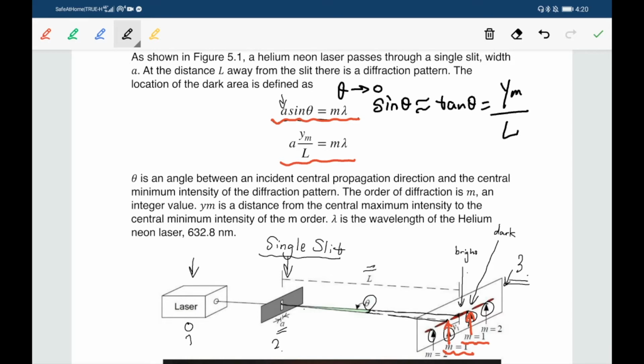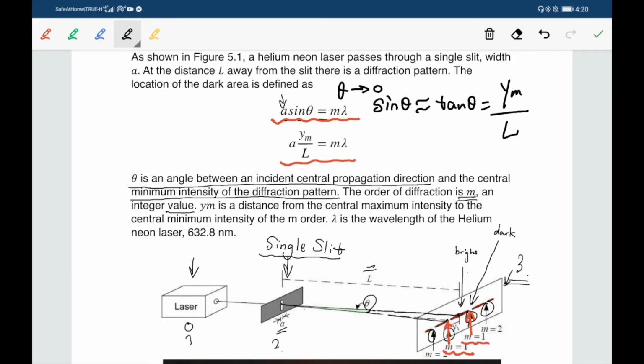Here theta is the angle between the incident central propagation direction and the central minimum intensity of the diffraction pattern. The order of the diffraction is m, an integer value. y_m is the distance from the central maximum intensity to the minimum intensity of the m order.